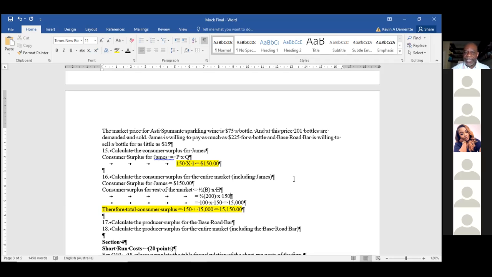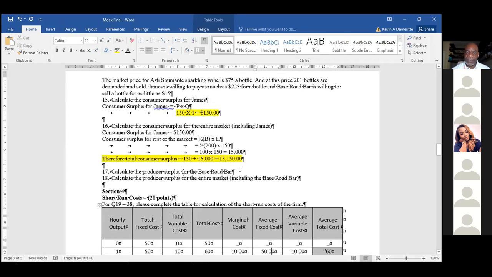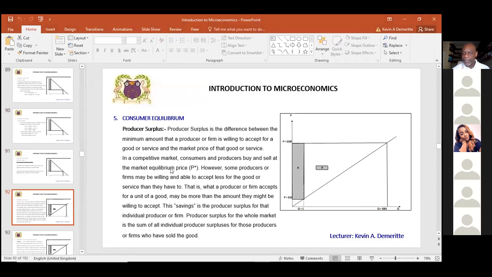All right. If that's the case, then can we do the same thing for the producer surplus? Let's go back to our notes. So we're looking for producer surplus. Here's producer surplus.